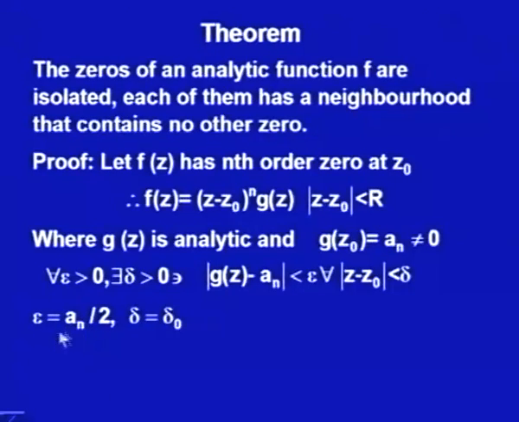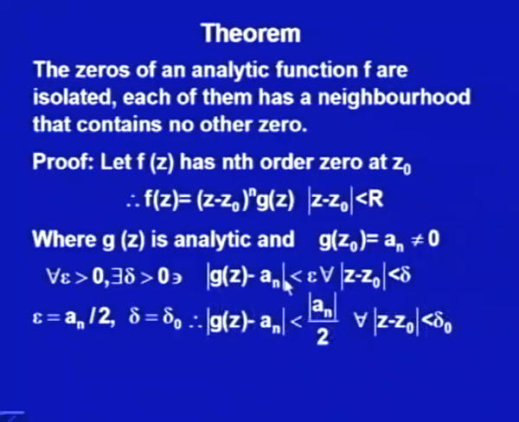Here I am taking the precaution that a n is positive. If this is happening, then what will happen? We say from here that mod of G of z minus a n is less than mod of a n upon 2 for all mod z minus z naught less than delta naught, because corresponding to this epsilon this delta is this delta naught.